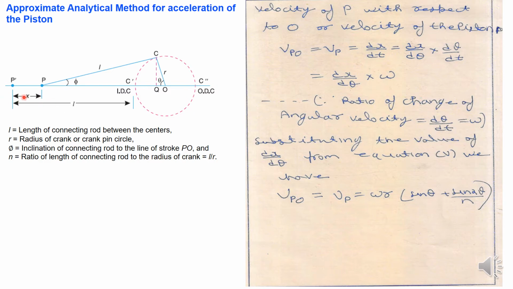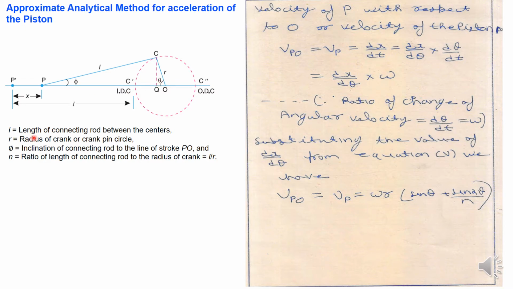x be the displacement of the reciprocating body P from IDC after time t seconds, during which the crank has turned through an angle theta. The same is mentioned here.